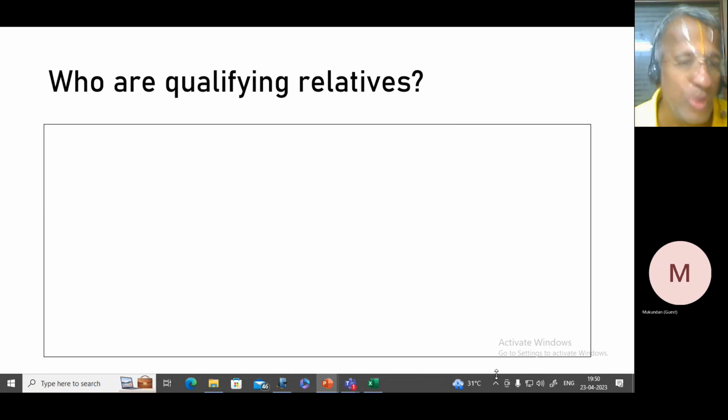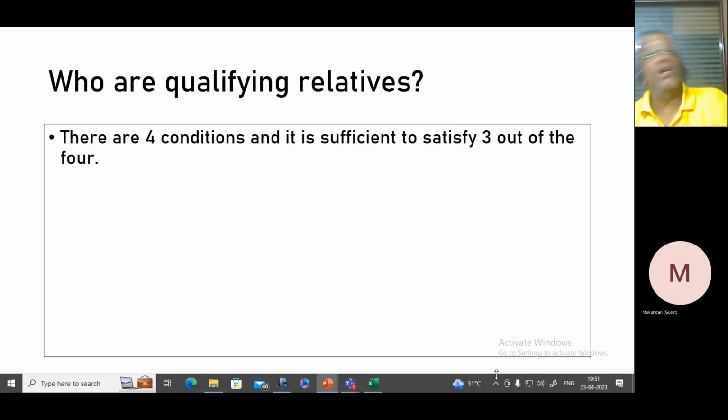Now we are into qualifying relatives. There are four conditions that we have, and it is sufficient that three out of the four are satisfied. It is not that any three of your choice. In those four conditions, the first two conditions must be satisfied compulsorily. Between the third and the fourth, either one of the two can be satisfied.